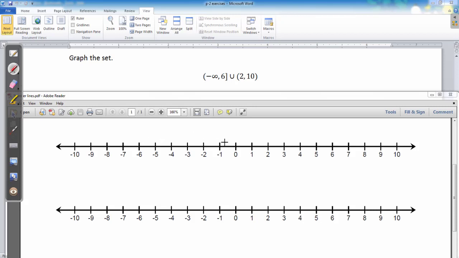So we have one that's going from negative infinity to 6. And then 2 to 10.